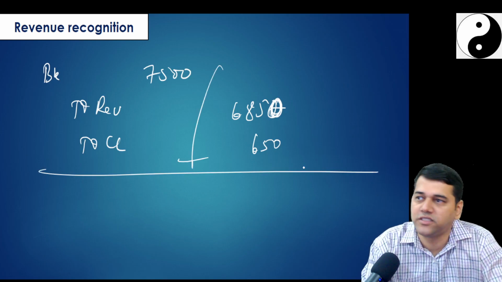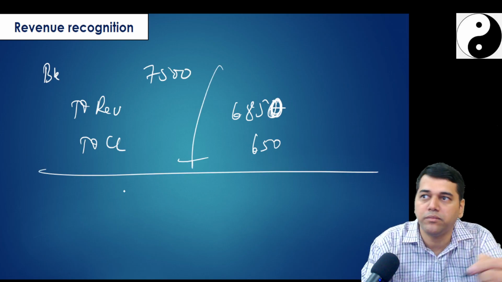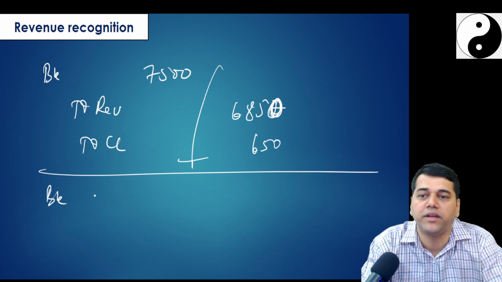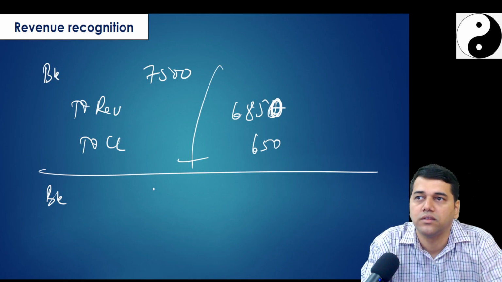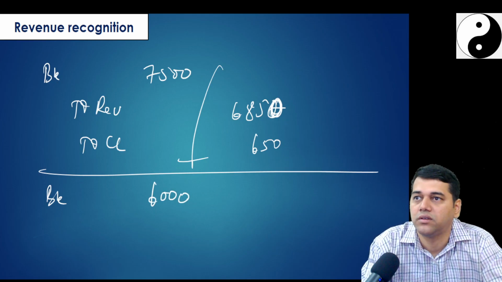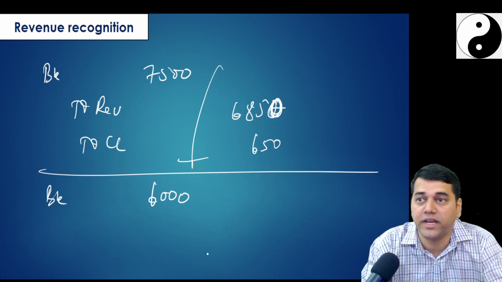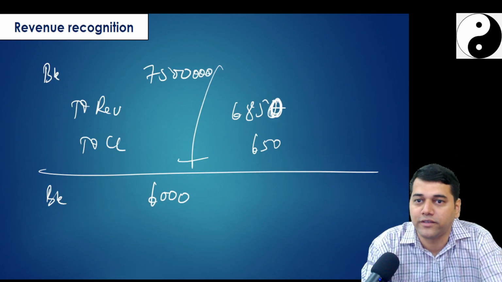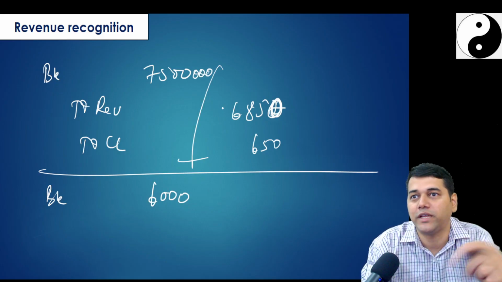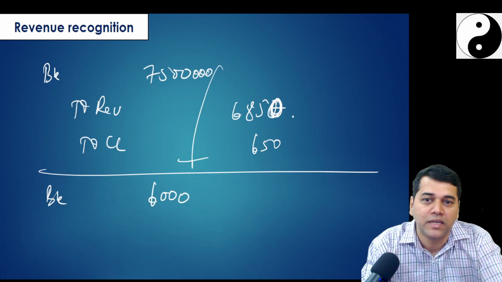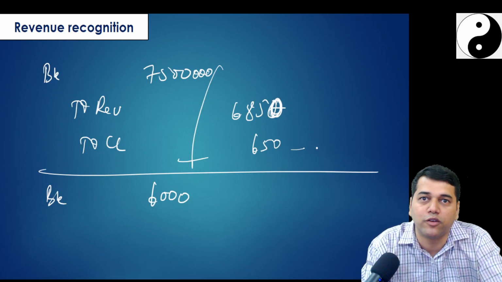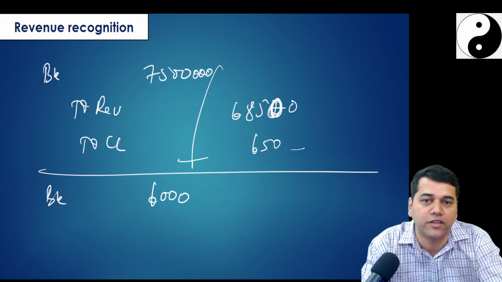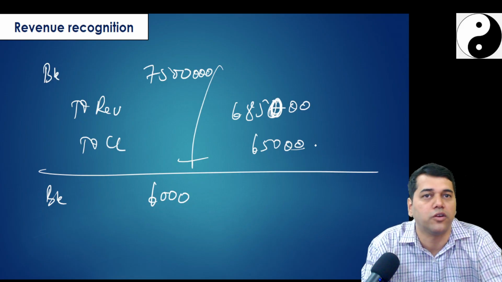Next year, this is done this year. Next year, he has renewed the membership. What accounting entry I'll pass? Bank account debit, how much? 6,000. But problem is, I may not get it fully here, or probably I may have to do it in full value. I have to do it 7,50,000, because what happened next year, full 100 people don't come. This liability is created only for that limited set of people. Okay, so I can say 6,85,000 and 65,000 is my contract liability.